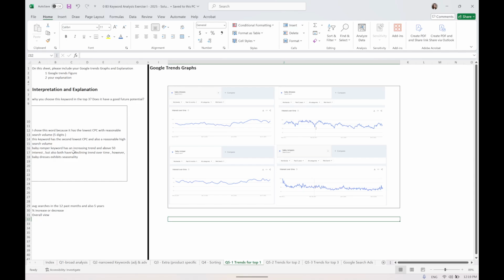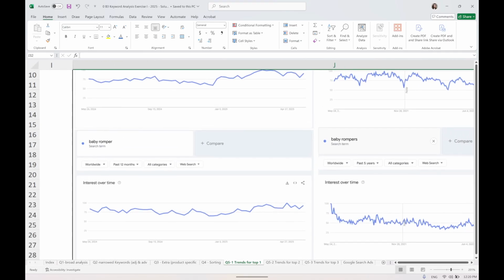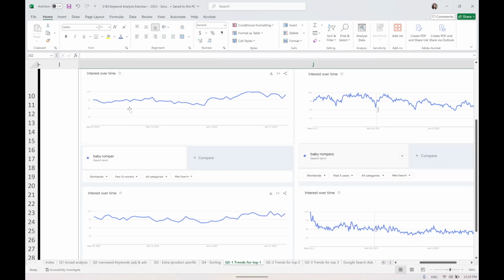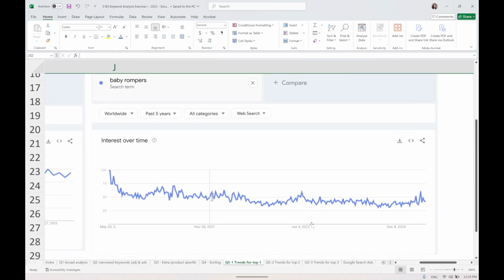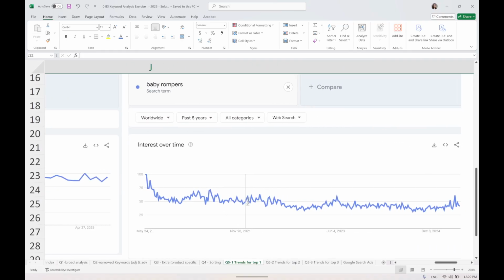The baby romper keyword has a little bit of an increasing trend, but actually over 5 years it's not really very increasing, so I need to edit that. It has an increasing trend and above 50% interest. That's something we look into, that both of these keywords are above the 50 midpoint on the trend line, but in the long run.